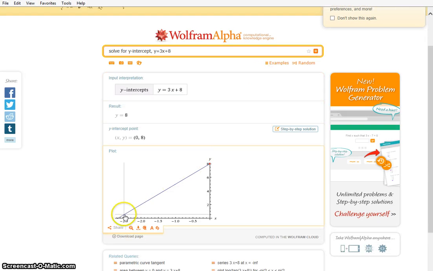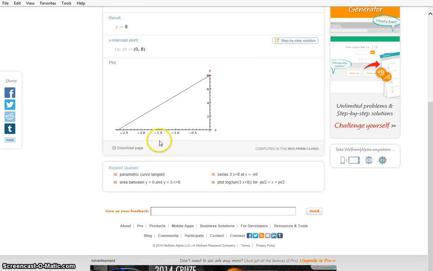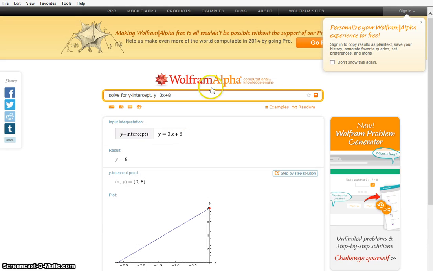Okie dokie. So this is the line of y equals 3x plus 8, and I told it to solve for y intercept, and it plugged in a 0 for our x here, and we get an 8. This is where the line intercepts the axis, which is amazing.